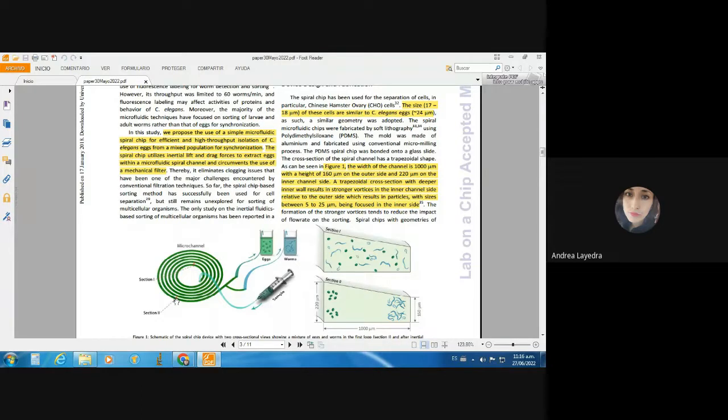The spiral chip uses inertial lift and drag forces to extract eggs within a microfluidic spiral channel. The incorporation of curvature within the inertial system results in the generation of cross-sectional drag forces perpendicular to the flow direction. These, known as the Dean drag forces, cause particles to move within a secondary vortex.